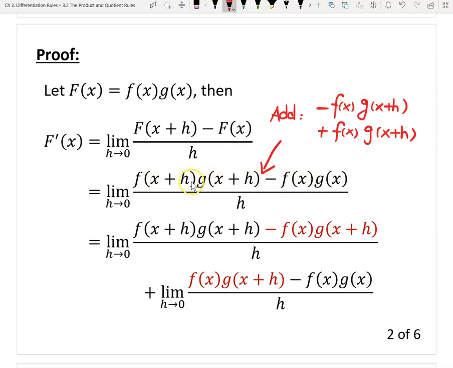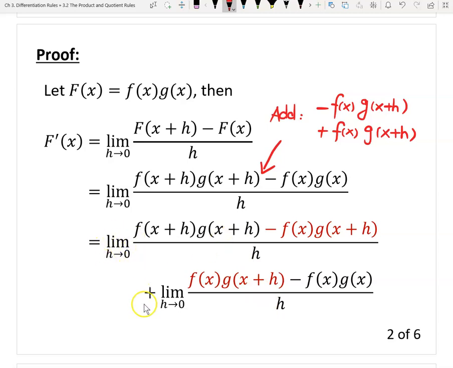The first 2 terms we group into this, the second 2 terms we group here, this term minus this term. Can you see? These 4 terms now. Of course, we separate the bigger fraction into 2 fractions. Okay, now you see 2 fractions.